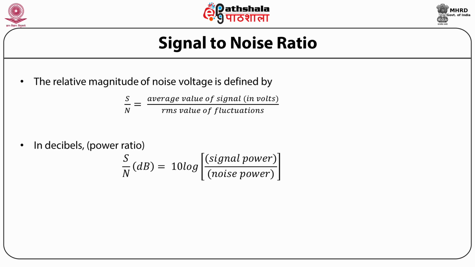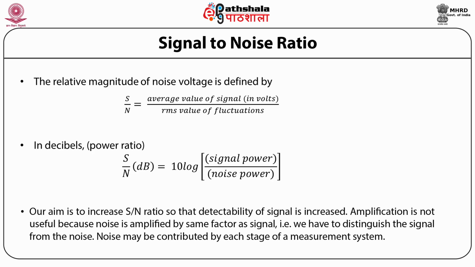So in decibels, the power ratio, that is S by N in decibels, is equal to 10 log of signal power divided by the noise power. So our aim is to increase the S by N ratio so that the detectability of the signal is increased.